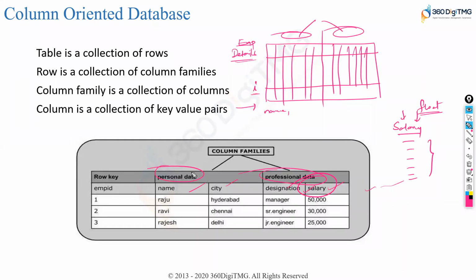First, name is basically a string, then city string, designation string, salary integer, then I also might have a salary float, then I also might have age, years of experience, etc. So for each field, we have a different data type, isn't it?